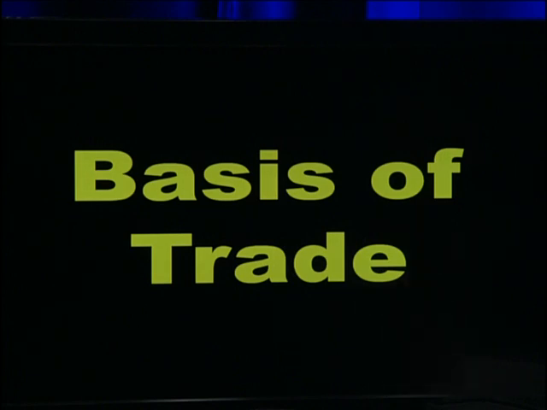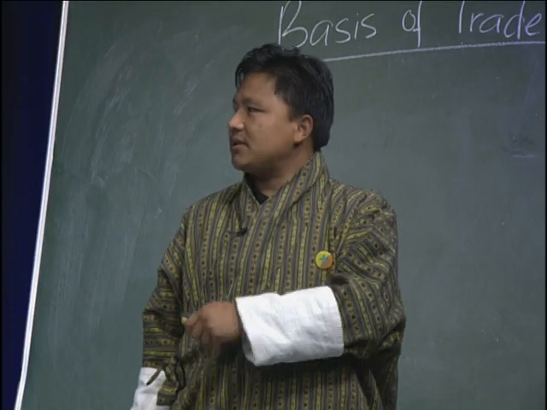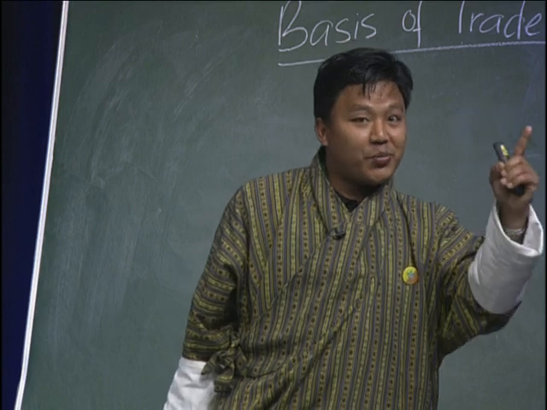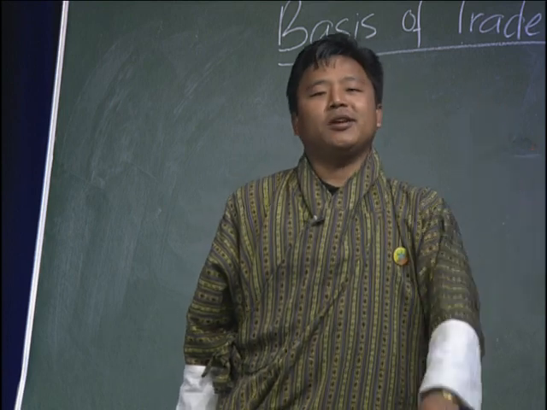By the end of today's lesson, you should be able to mention the reasons for trading and also examine the basis of international trade based on two theories. One is absolute cost theory, another one is comparative cost theory.